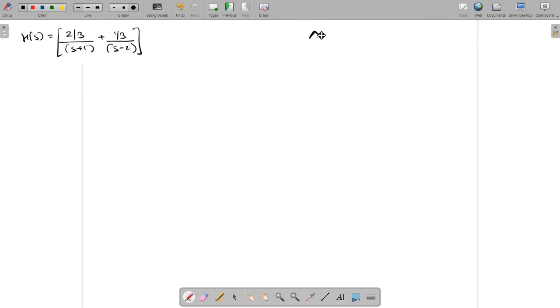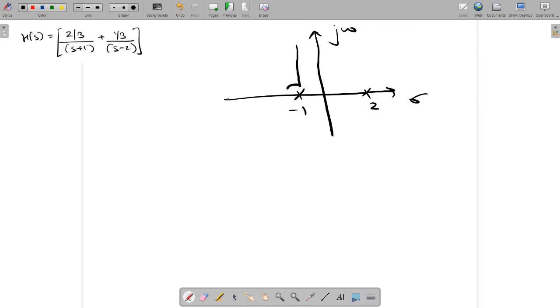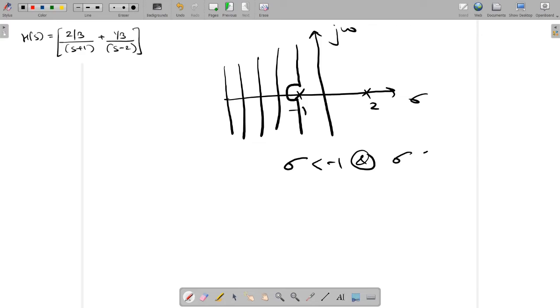We know the pole-zero plot is sigma and j omega. Pole is at -1, pole is at 2. If I draw this kind of an ROC, sigma is less than -1 and sigma is less than 2.